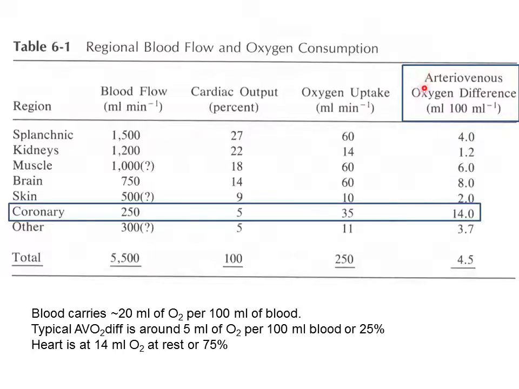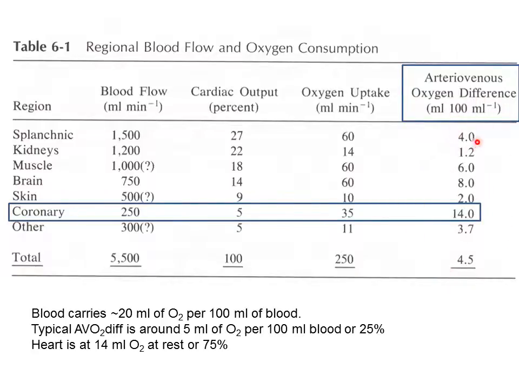This is if you measured oxygen content in the arteries and oxygen content in the veins. And so the arterial oxygen content is typically about 20 milliliters of oxygen per 100 milliliters of blood. And this is the oxygen difference. So this shows how much of that 20 milliliters per 100 milliliters of blood was extracted.